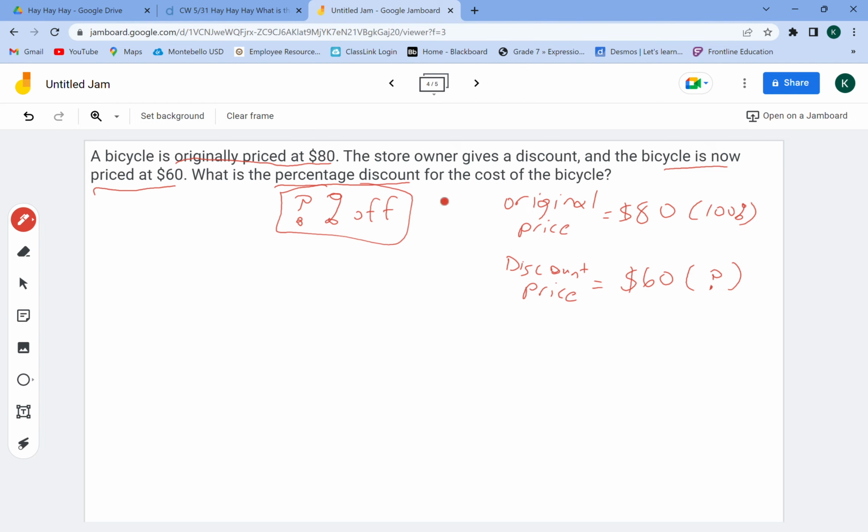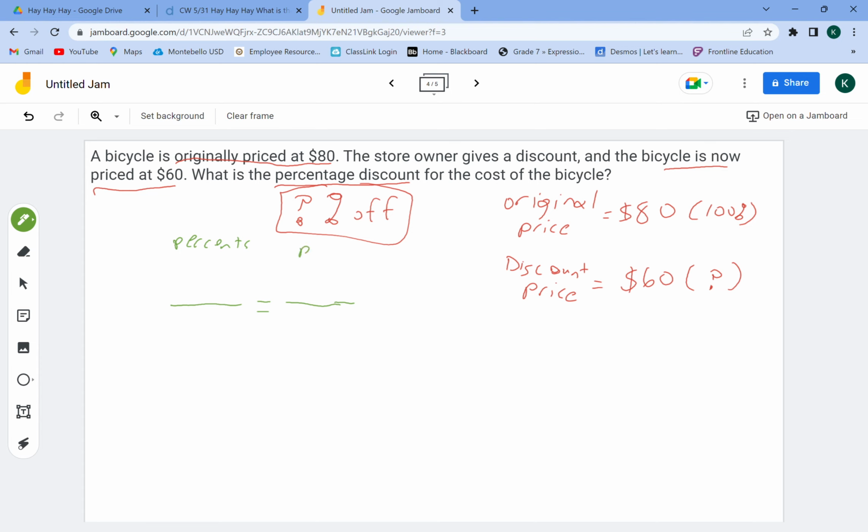So I have the discount price and the $80. Notice that we're trying to find out the percent off, so what we want to do is set up a proportion. I'll put the percents on one side and the prices on the other.